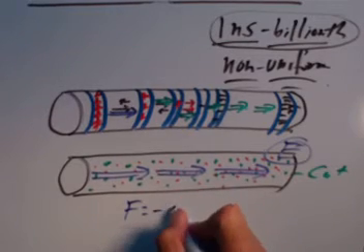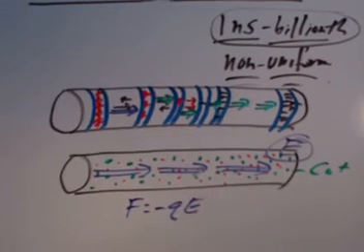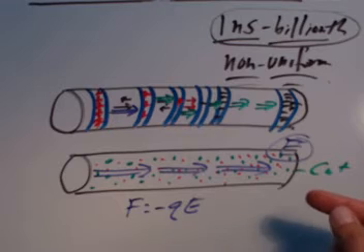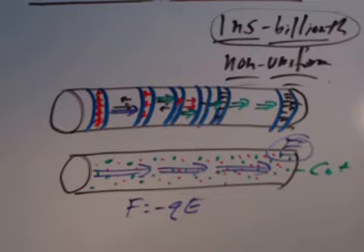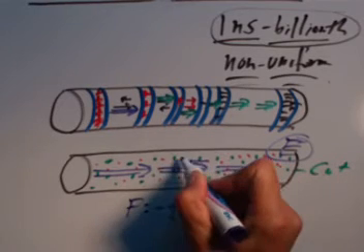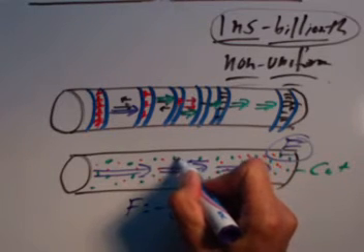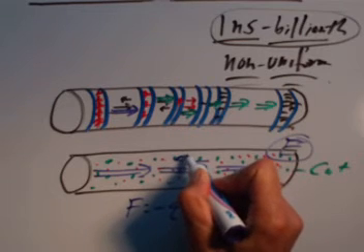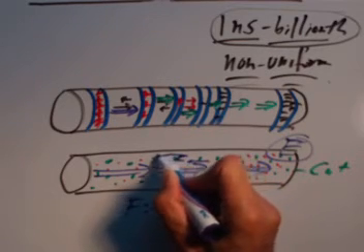Remember, the force law is minus Q times E. There's a minus sign because of the negative sign on the electrons. So that means that if the electric field points to the right, all the electrons are going to start moving to the left. And so this little red electron right here can start drifting to the left. And this one right here is going to start drifting to the left, but it might run into that copper ion, no problem. It'll just bounce off of it, and when it gets caught up in the electric field, it'll just keep going this way.